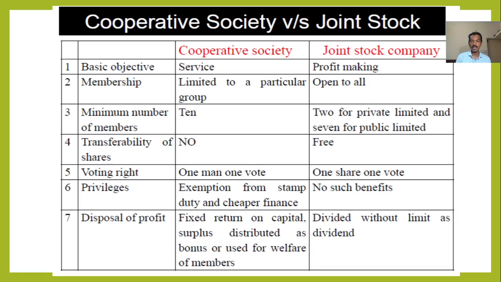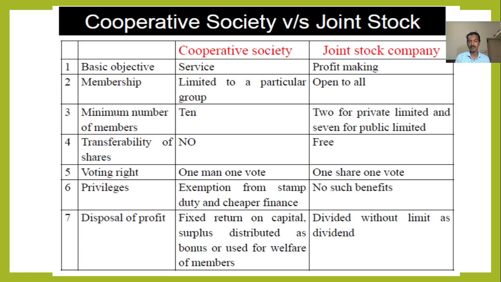Next, a cooperative society and joint stock companies. The cooperative society's main objective is service. In case of joint stock company, main objective is profit making. Here, membership.